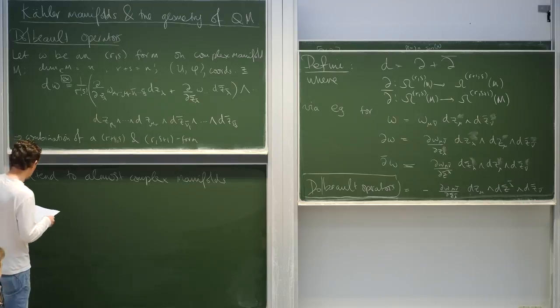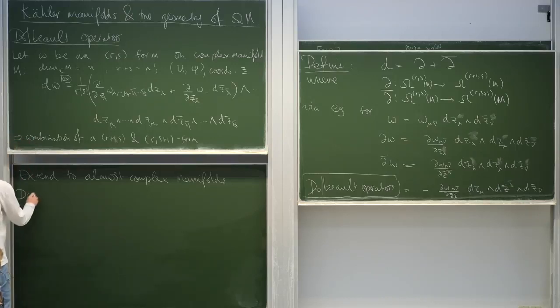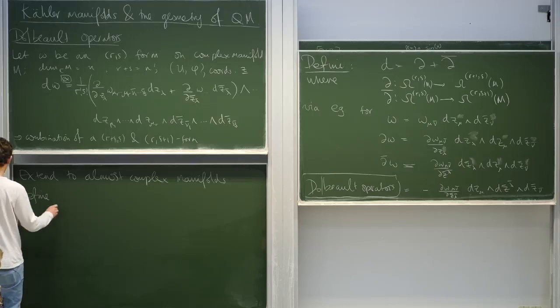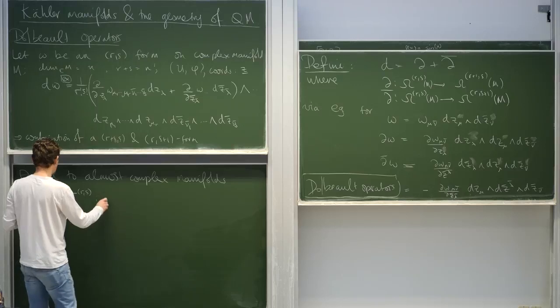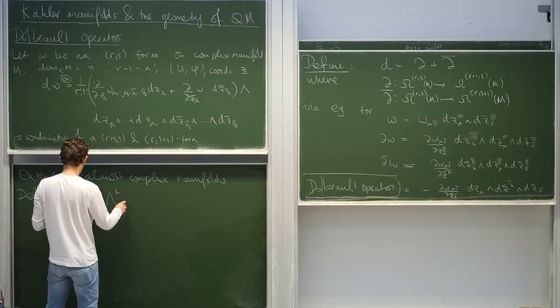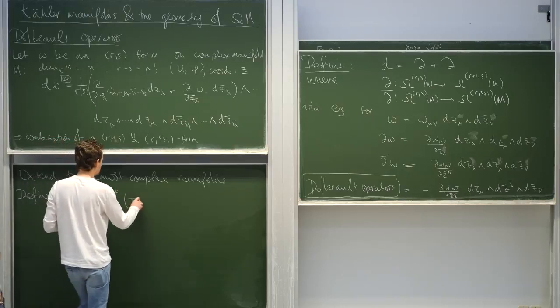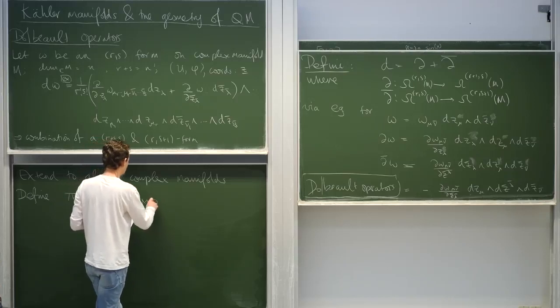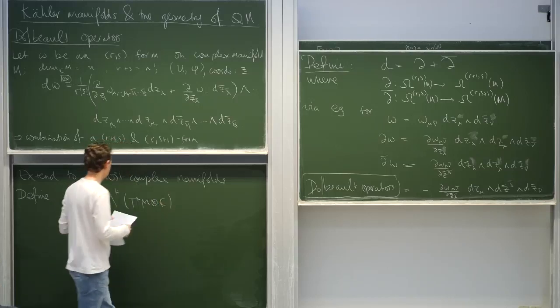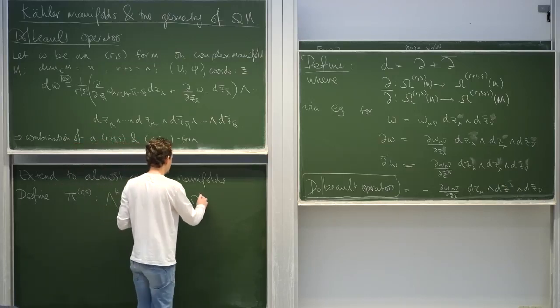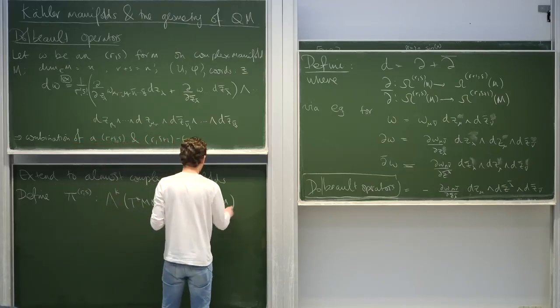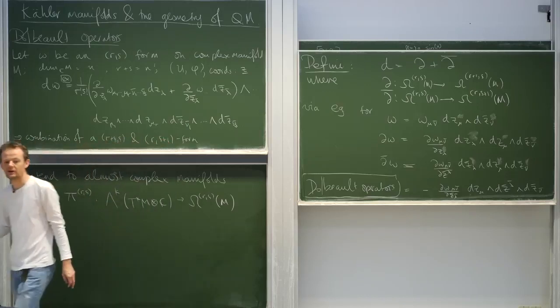So let's extend them, and to do that we have to define a projection operator, pi r comma s, which takes a Q form to the subspace of R comma S forms.